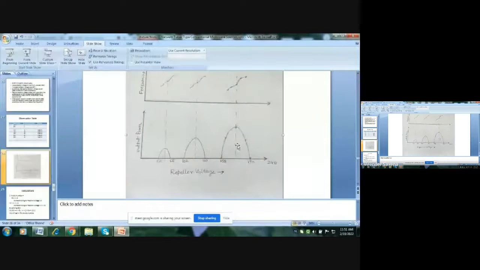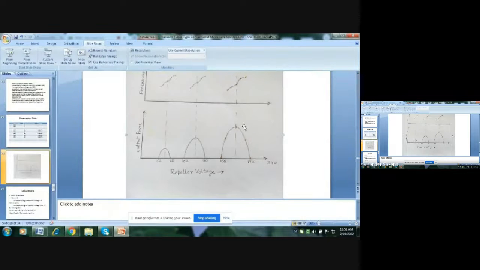This is the first mode, means the interaction is near about 3 by 4 of T, capital T means time period of the RF field, and this is 1 plus 3 by 4 of time period, and this is 2 plus 3 by 4 of time period, or any integral multiple of these.